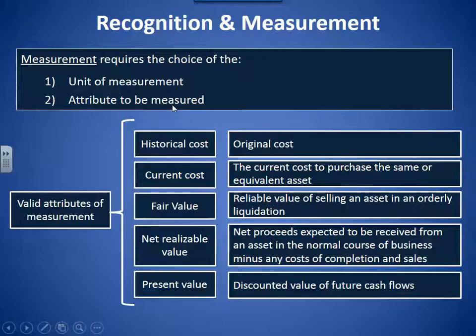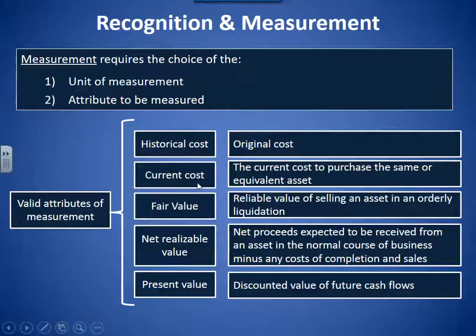Number two, it says what is the attribute to be measured? How are we going to measure it? So the conceptual framework describes 5 different valid attributes of measurement. The first one is historical cost, which is the original cost, and everybody who's made a journal entry in any accounting textbook knows all about original cost.